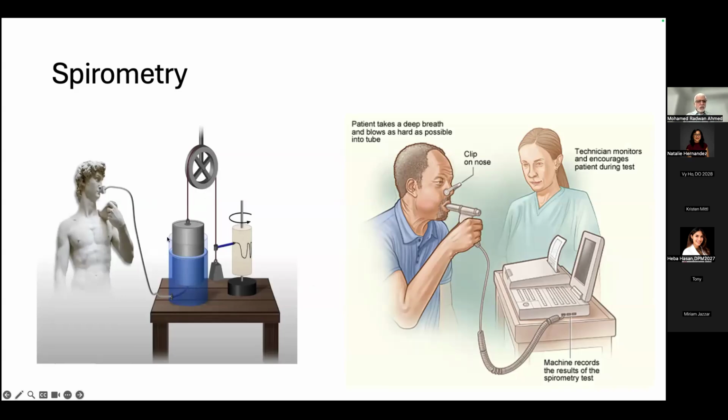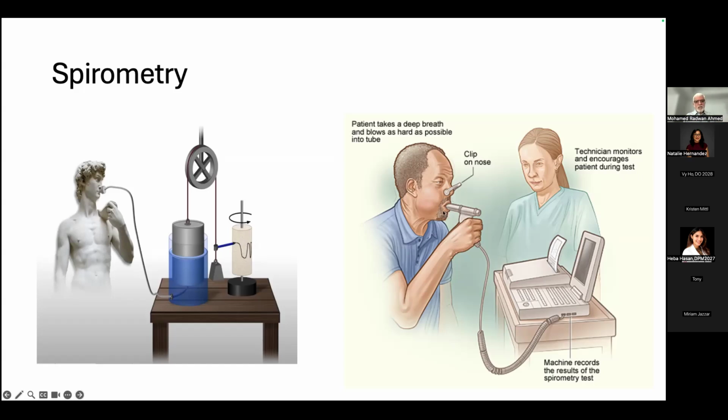Initially, this spirometer was like this in the old days, with a drum that moves up and down, and some pen or marker writing on a drum which rotates. So you get up and down curves like the ones we see. And now it becomes a computer.